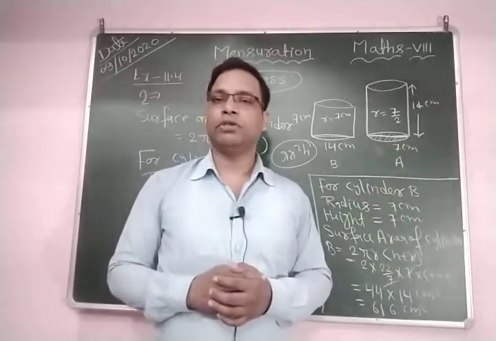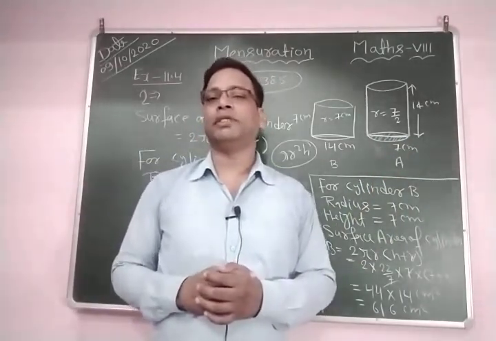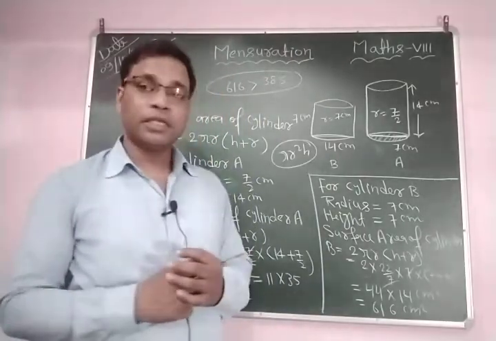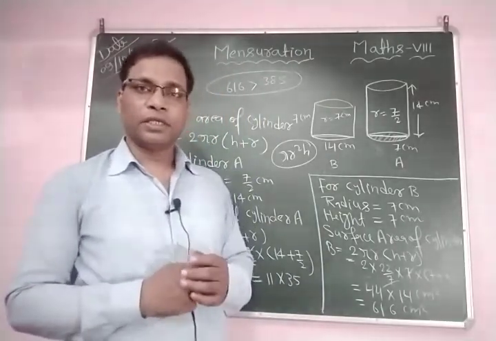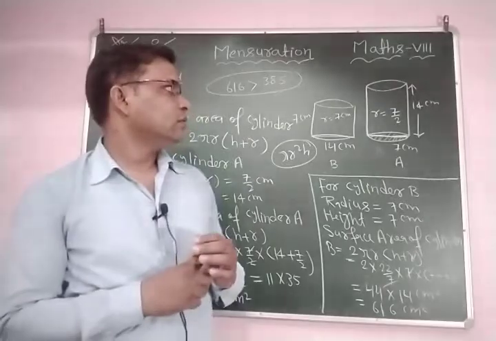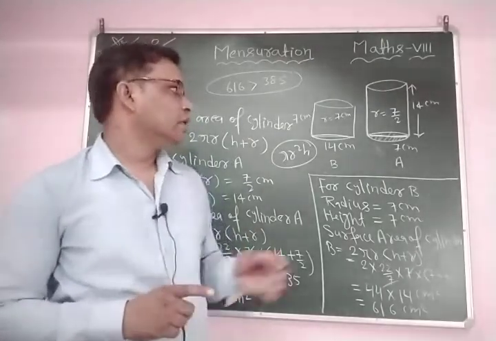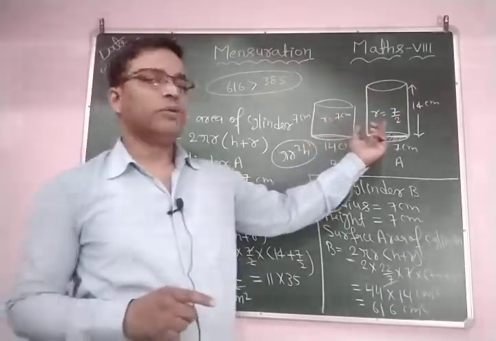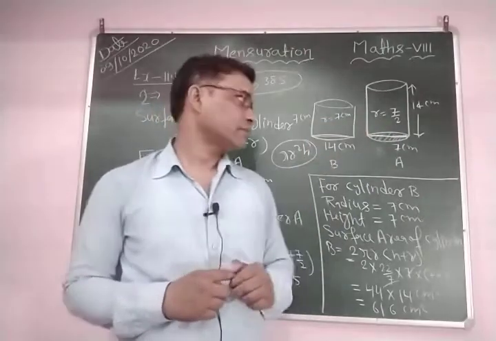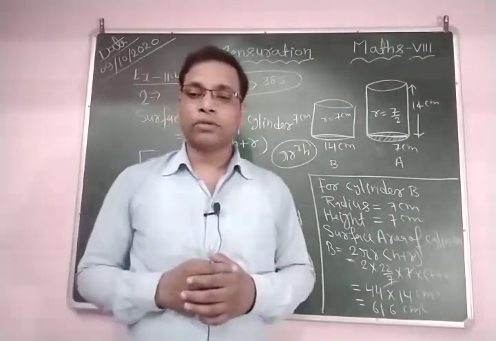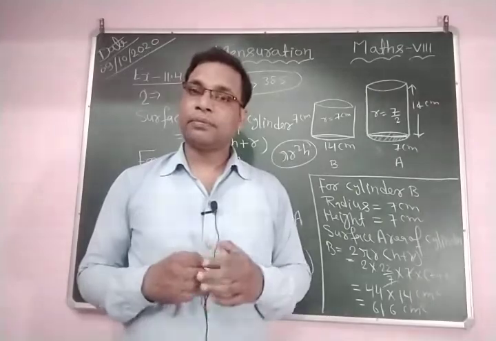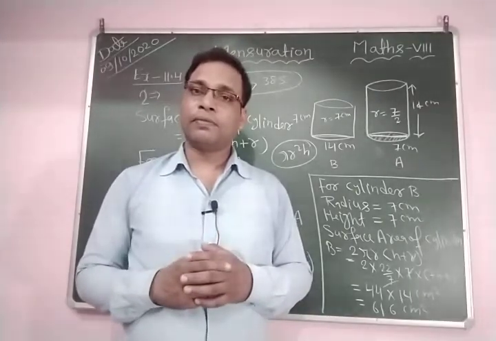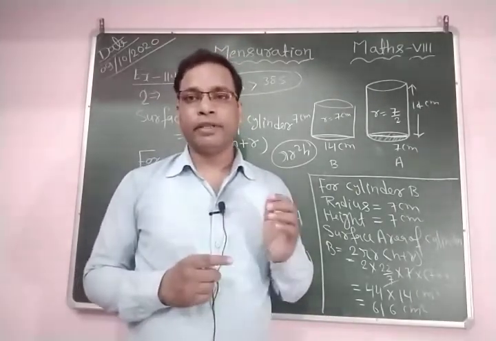So radius is 7 by 2, or you can say 3.5 centimeters. Okay, so 7 is greater than 7 by 2. This is clear. So without any calculation, you can say the volume of cylinder B is greater than the volume of cylinder A. Now the question also told us to find the volume of both cylinders and verify it.